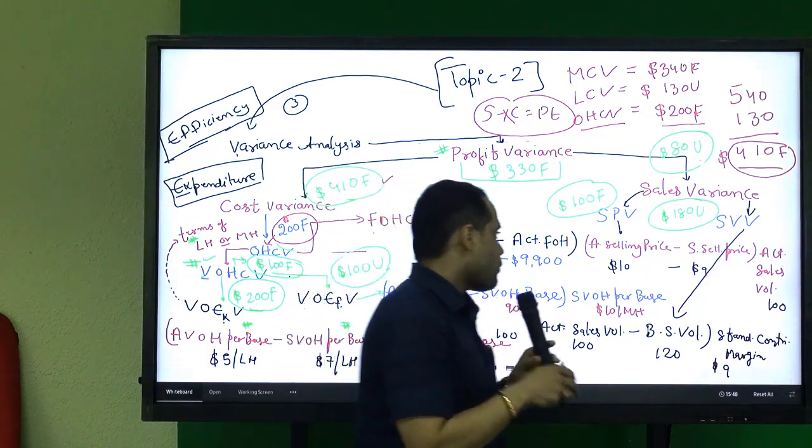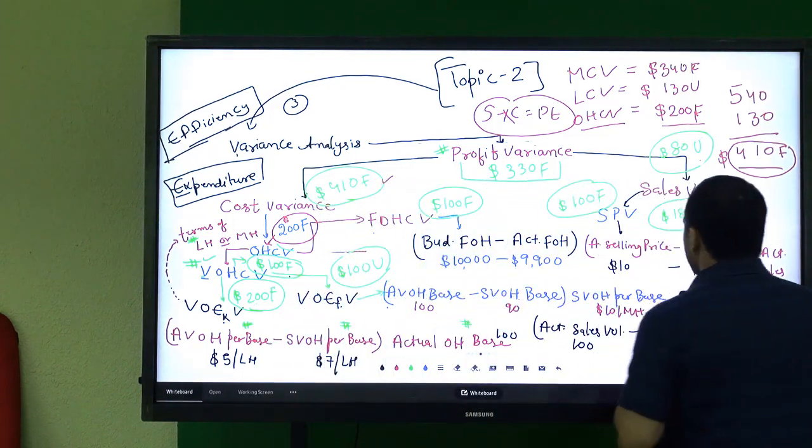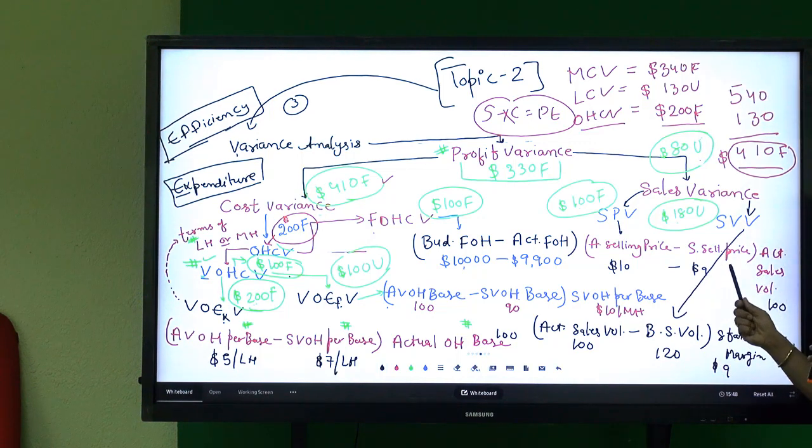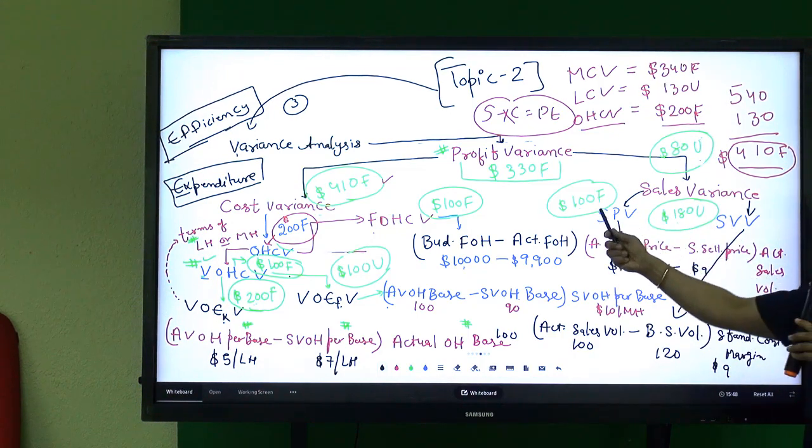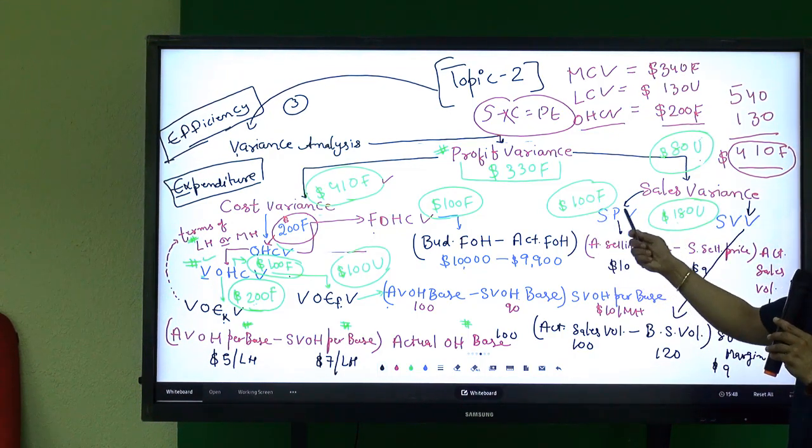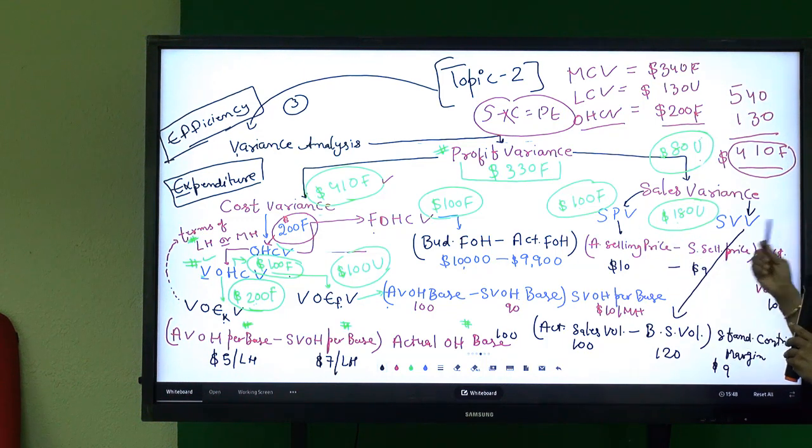Because I was planning to sell one product at the rate of 9, but actually I'm selling at the rate of $10. So I'm selling $1 more, multiplied by 100 is $100 F. This is the selling price variance.